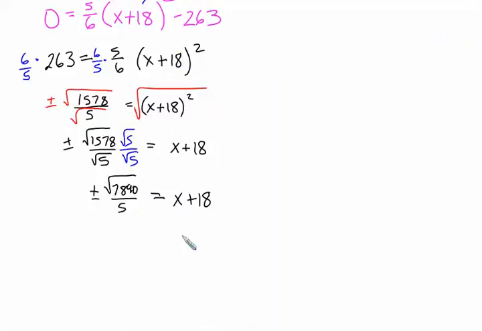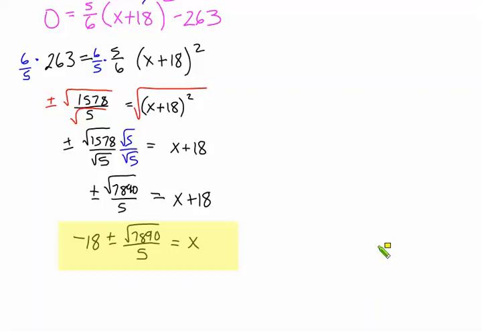One more step. We got to get the 18 over on the left, so we subtract it from both sides. And our final answer is that x is equal to negative 18 plus or minus the square root of 7,890 all over 5.